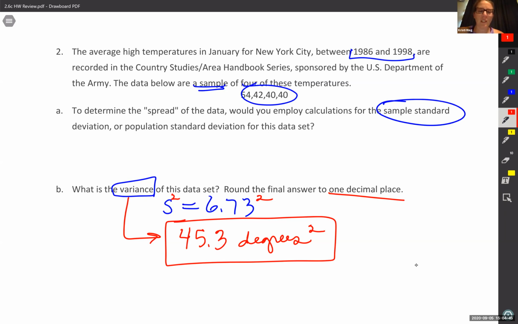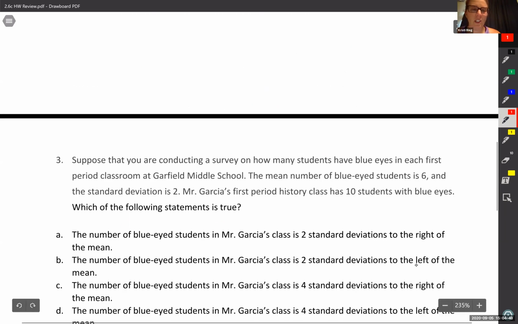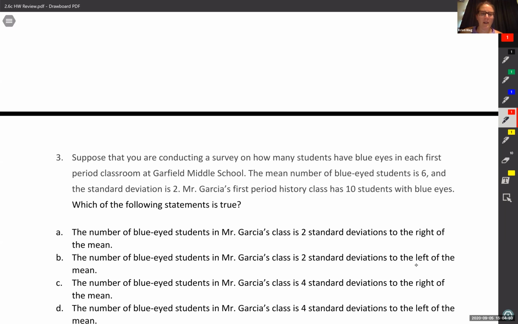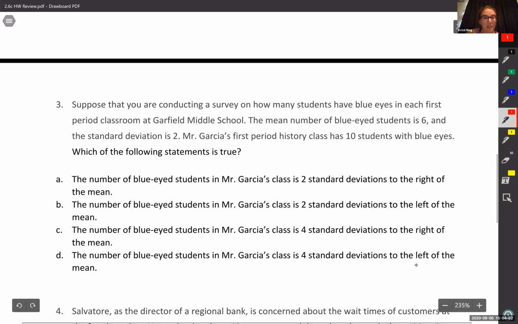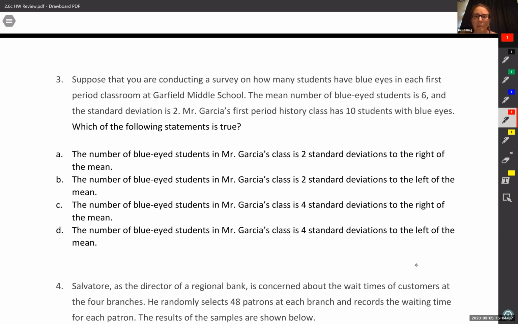Okay, so here we have a situation where, and again, you've already read this, so I am just going to walk you through it. But we have the mean. So I'm going to write this on the side. The mean is 6 and the standard deviation is 2. His class has 10. So I'm going to just draw a number line real quick to kind of explain where this answer is coming from.